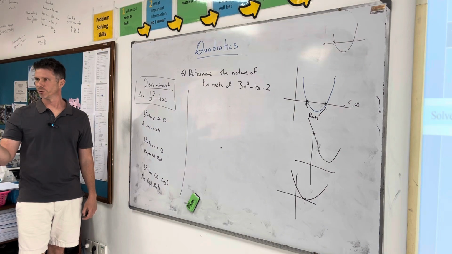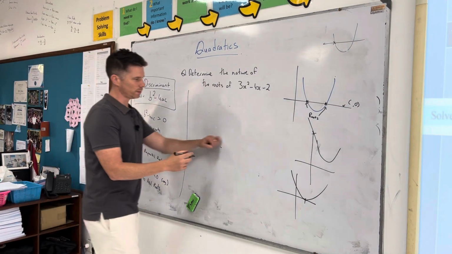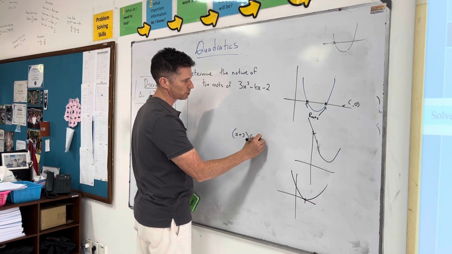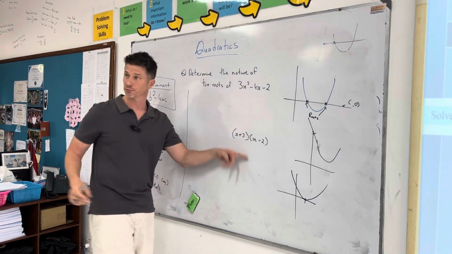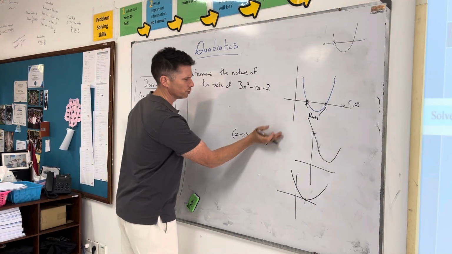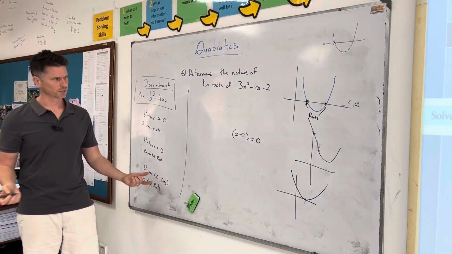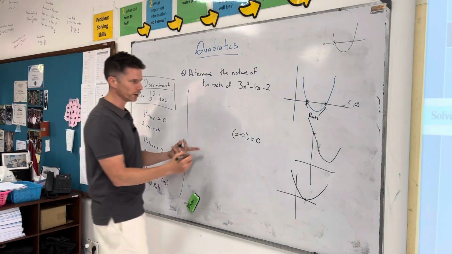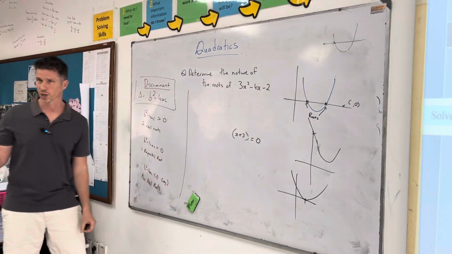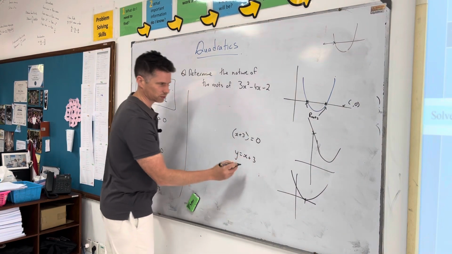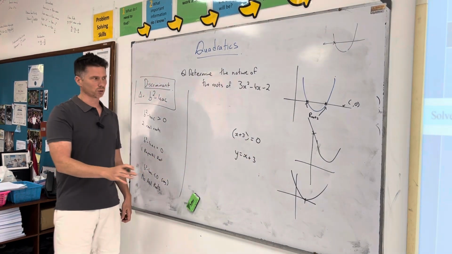Remember, roots come from something like this: x plus 3, x minus 2, or whatever, and we multiply them back to form a quadratic. If it was just one root, it would be like that, and that's a line. If I drew that from your coordinate geometry, that is just y equals x plus 3 if I got rid of the 0. So it has to be repeated.